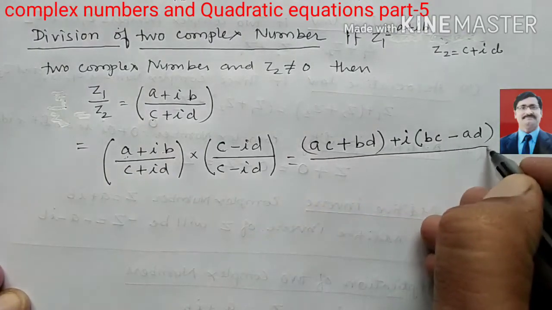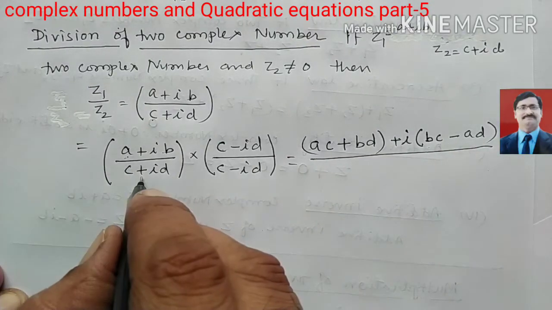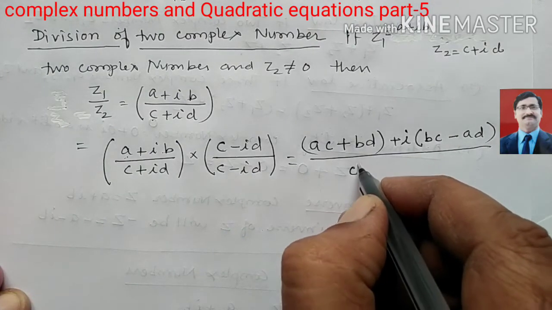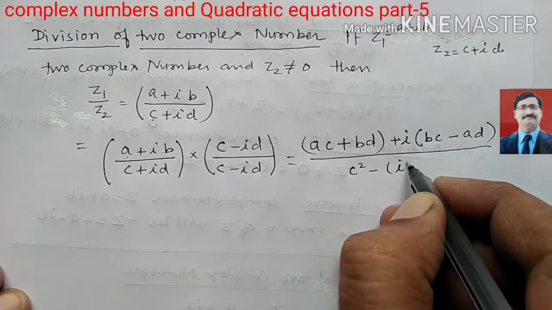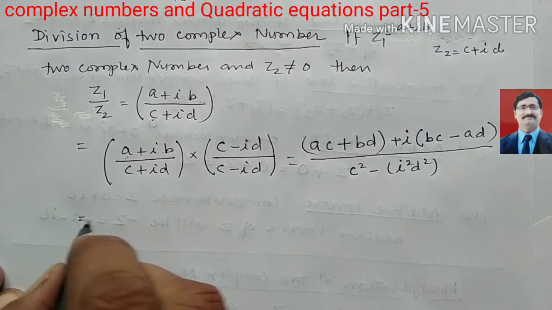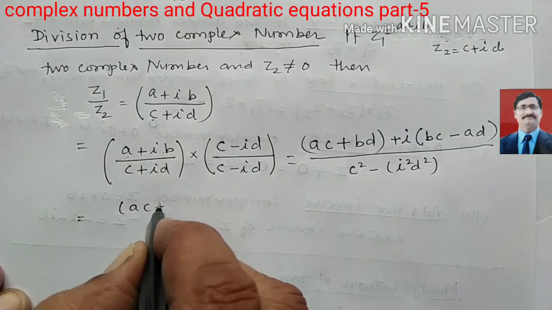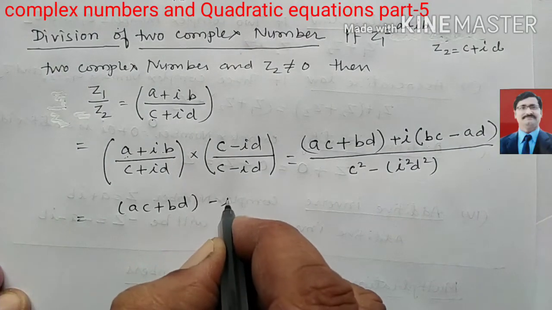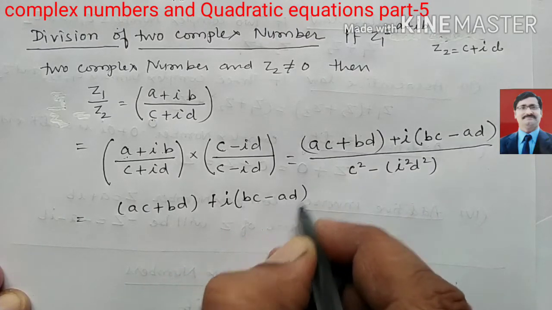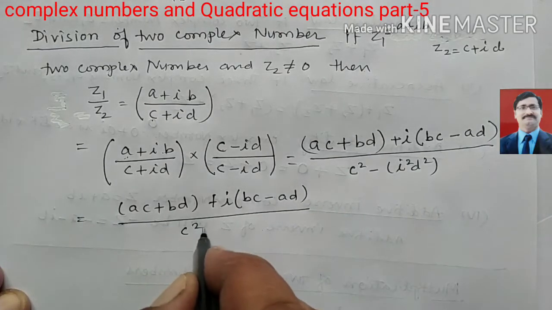then upon you have this plus and minus, so you write c square minus iota square d square. Iota square will be minus, so it becomes plus. You can write AC plus BD, plus iota BC minus AD, a whole upon c square plus d square.